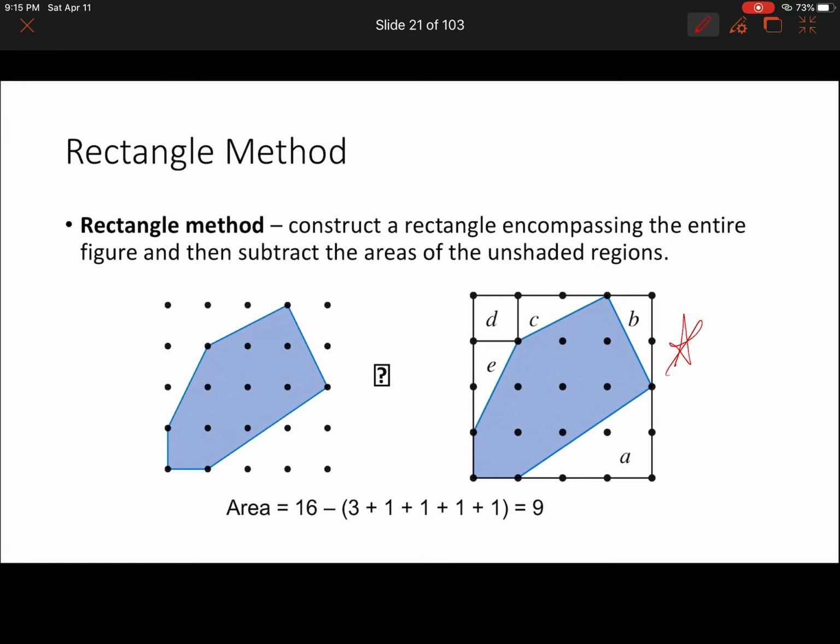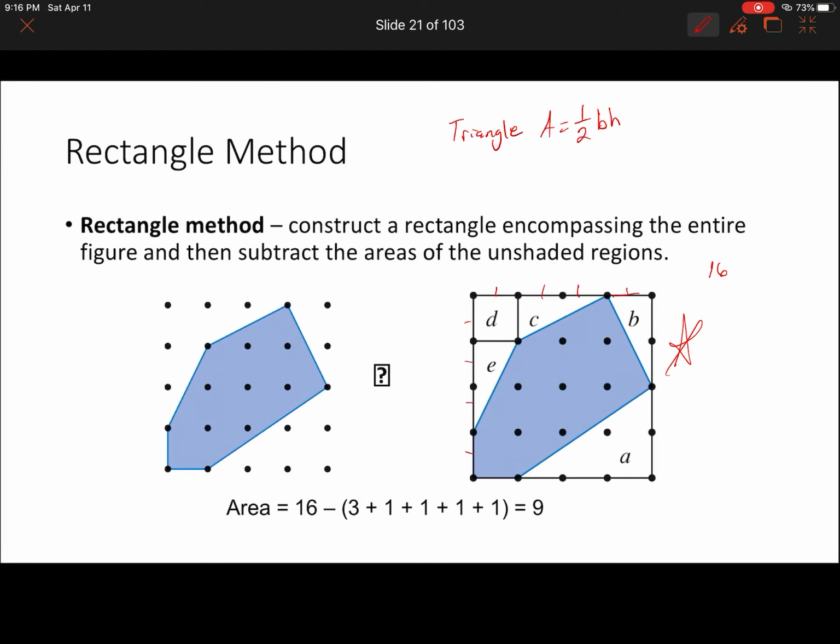And so, in this case, if you take 1, 2, 3, 4 by 1, 2, 3, 4, 16 square units total. And then you take the area of each of these pieces. Now, we haven't talked about how to find the area of a triangle. The area of a triangle, which I'll give you again later, is 1/2 base times height.